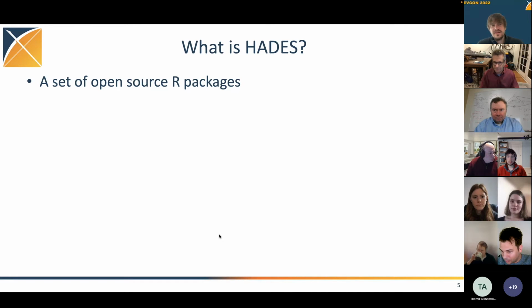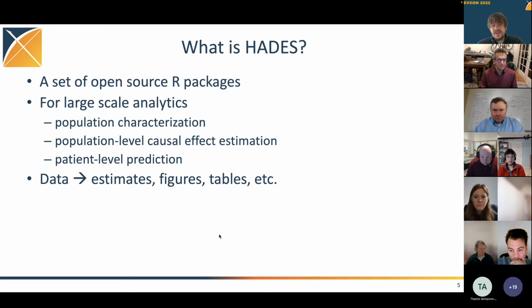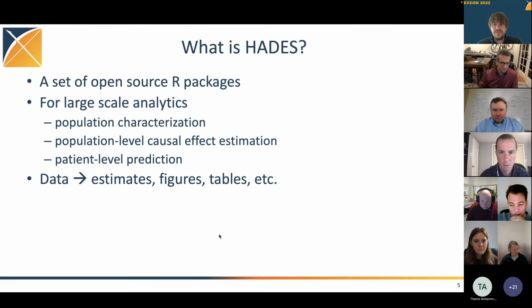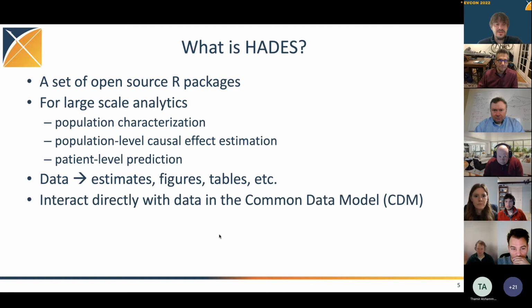HADES is a set of R packages, although I don't think it's restricted to R. It's for performing large-scale analytics, population characterization, causal effect estimation, and patient level prediction. We want to go directly from data to our estimates, figures, and tables, and have this be an automated pipeline, and in Odyssey fashion, really have standardized analytic tools that we can use.